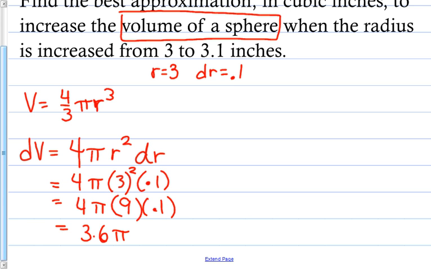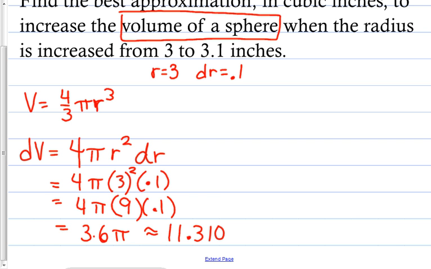That is my dV. If this was a part with no calculator, that would probably be my answer. If it is a part with a calculator, I would have to put it in the calculator, and I would end up with, what do I end up with? Oh, I didn't write it down. All right, hold on. All right, so I put in the calculator, and 3.6 pi is approximately 11.3, what was it?